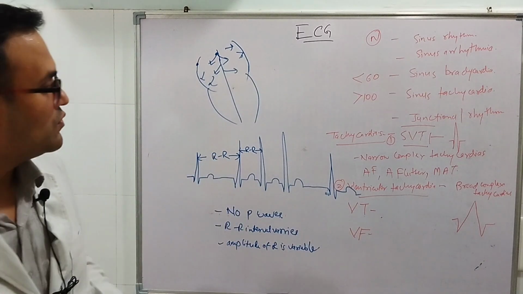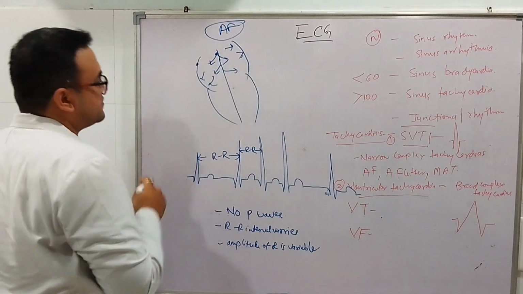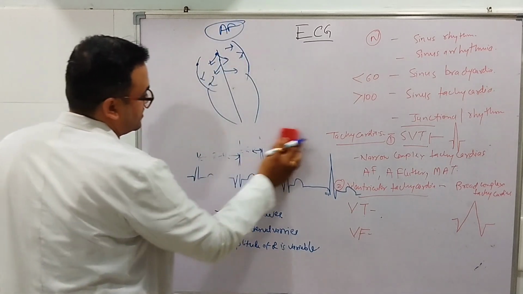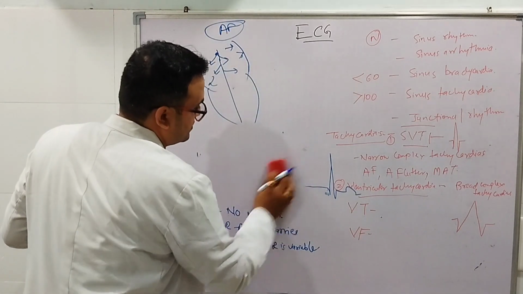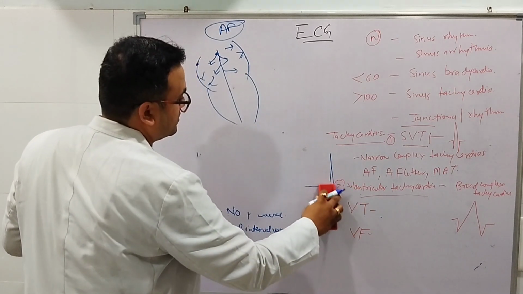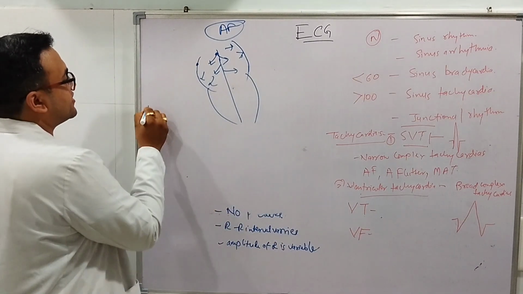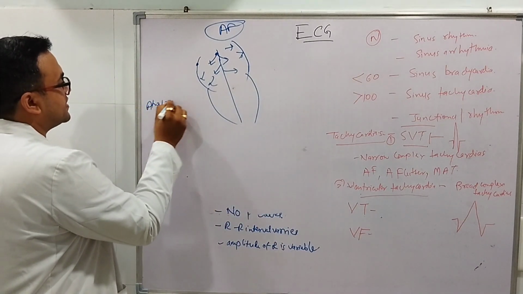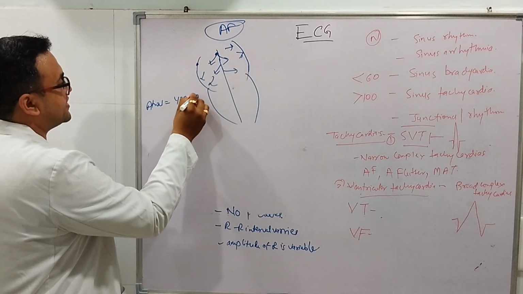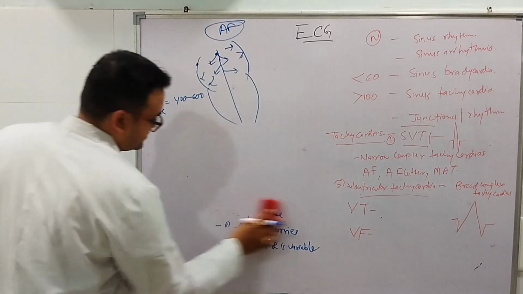Next we come to atrial flutter. This is atrial fibrillation which we were discussing. In atrial fibrillation, the atrial rate is around 400 to 600.